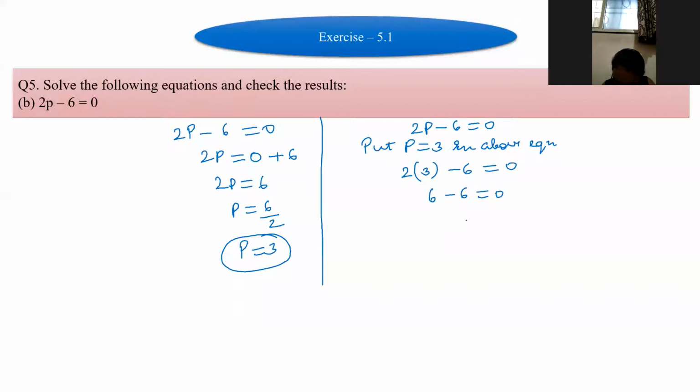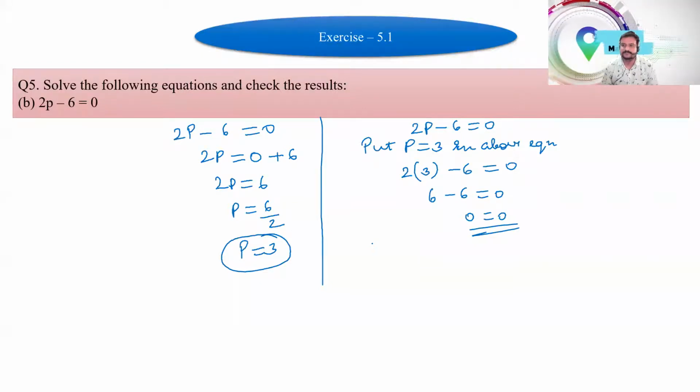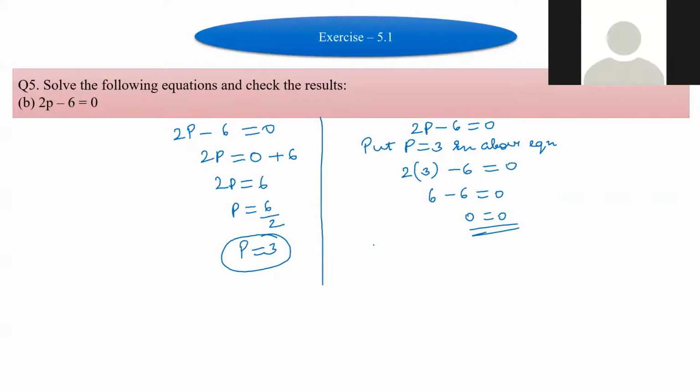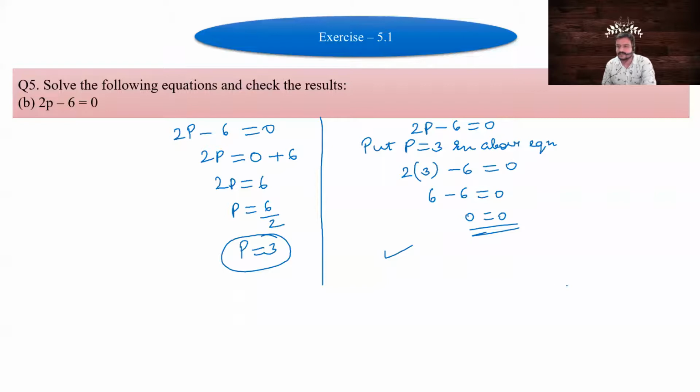So 2 threes are 6, minus 6 is equal to 0. 0 is equal to 0. So our answer is correct. Okay. Our answer is verified. Okay, next one. Who will try the next one?